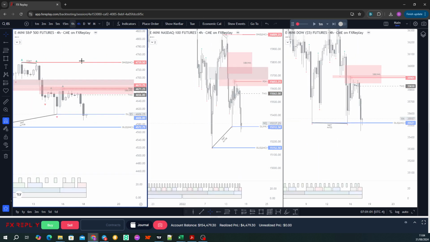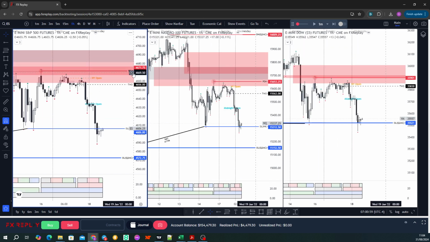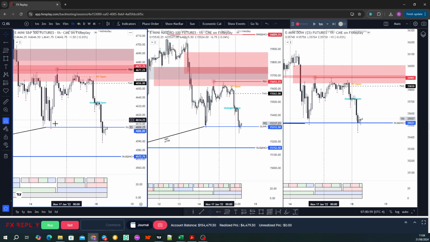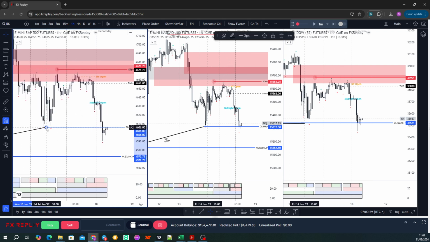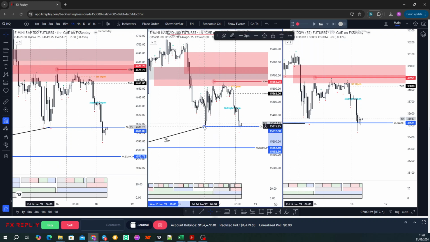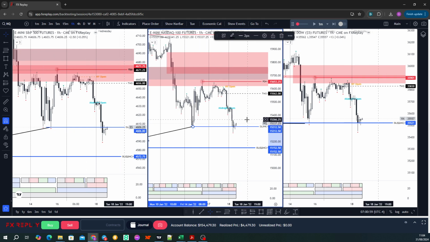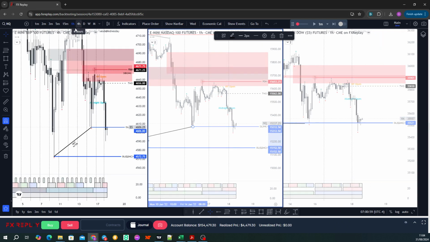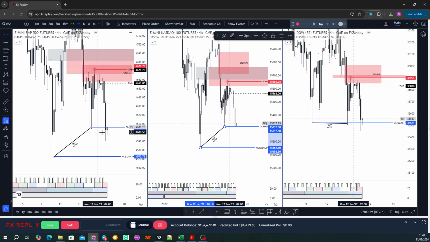I'm going to go back to the hourly. So already for me, we've represented low probability conditions, with the market displacing lower. The only thing to potentially reference is the partial SMT.